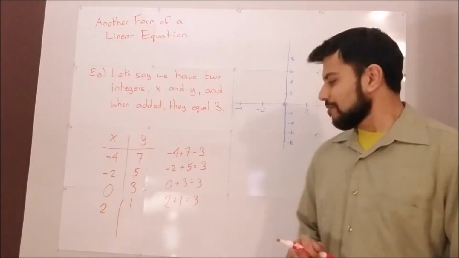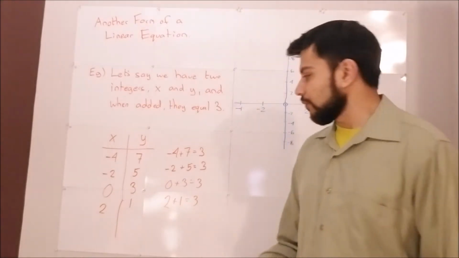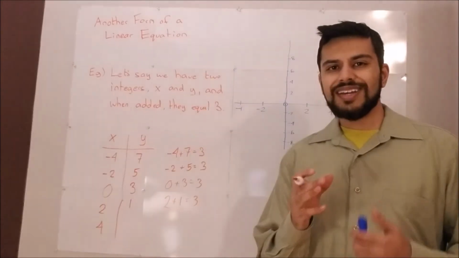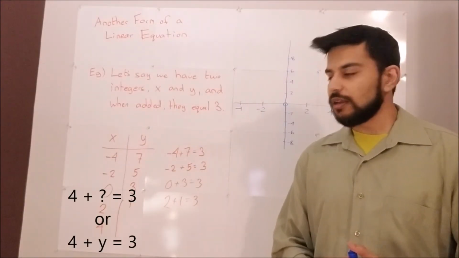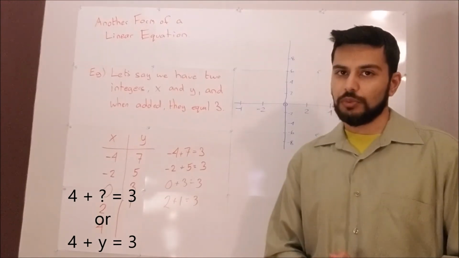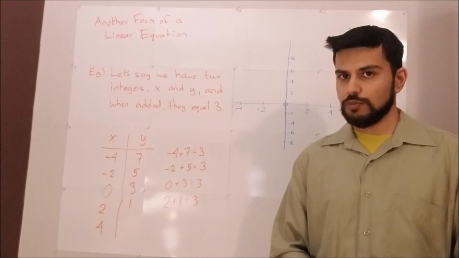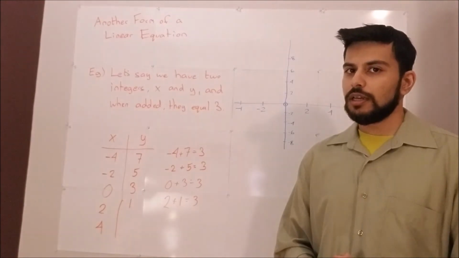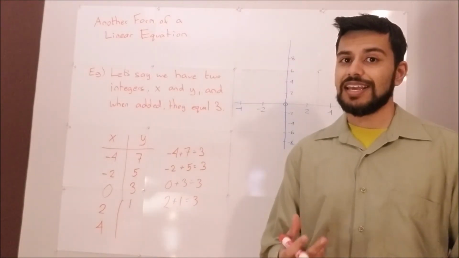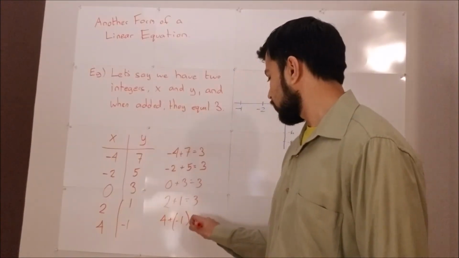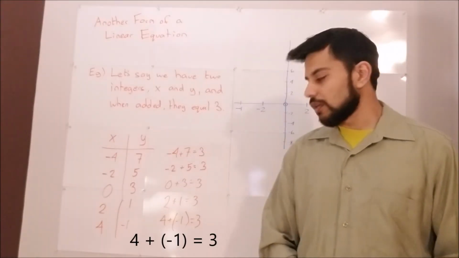I want to do one more example. Just let's say we went up to 4 for x. What can I add to 4 to give me a +3? Well, +3 is smaller than +4. So the only thing I can add is a negative number. 4 plus -1 is equal to 3.